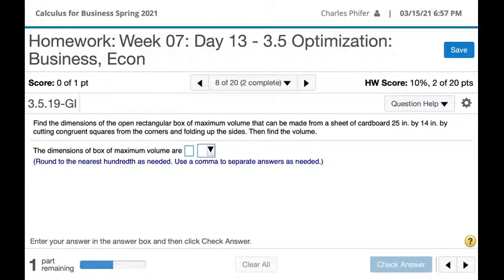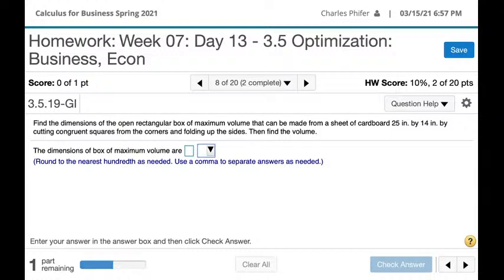The dimensions of maximum volume, round to the nearest 100, use a comma to separate answers as needed. Find the dimensions of an open rectangular box of maximum volume that can be made. So we need to find those numbers. We solve for x.